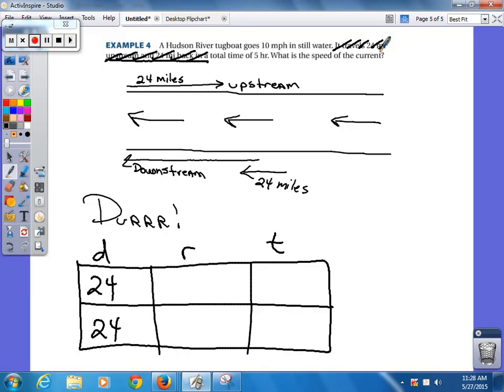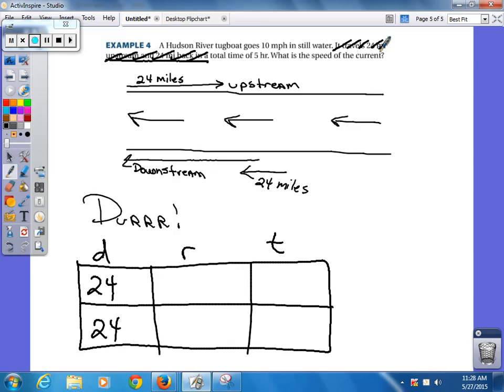So it travels 24 miles upstream and 24 miles. So technically you could say what about the time? 5 halves? Wouldn't this be 5 halves? Would this time be 5 halves?